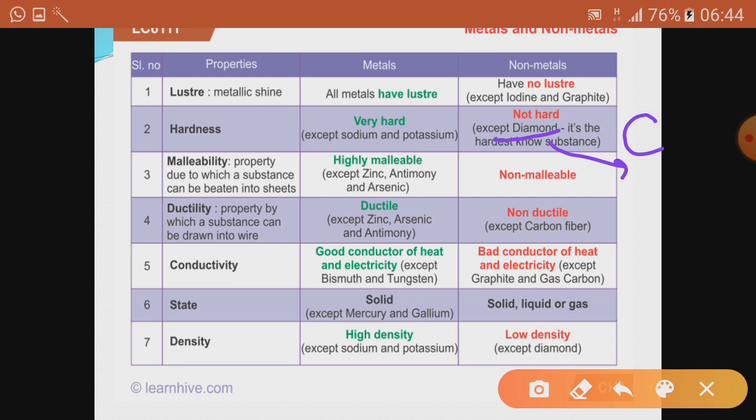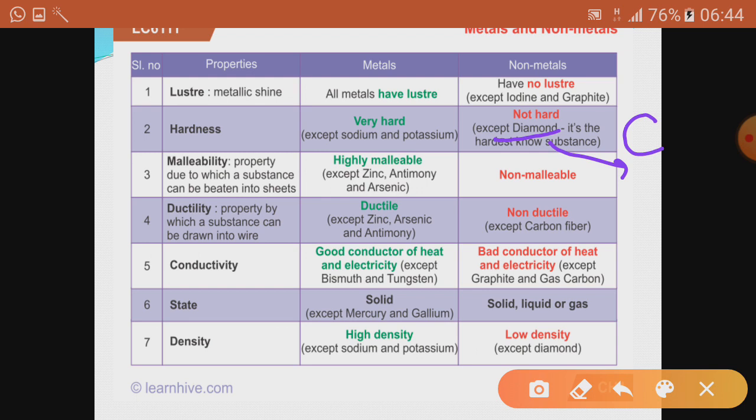Except these metals, all metals are ductile. But non-metals are non-ductile. You cannot make wires out of them except carbon fibers. Carbon is a non-metal, but nowadays we can make carbon fibers, and carbon fibers have the property of ductility.